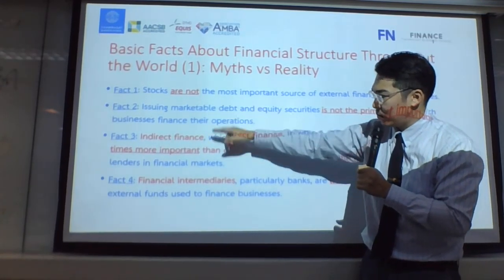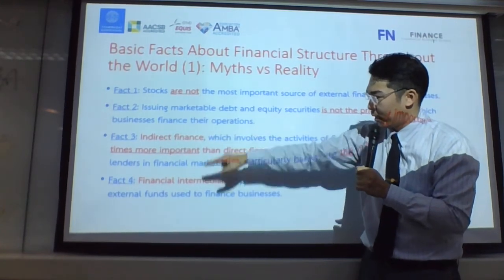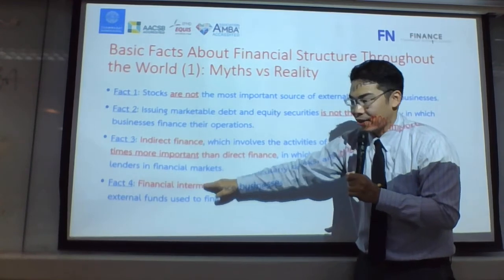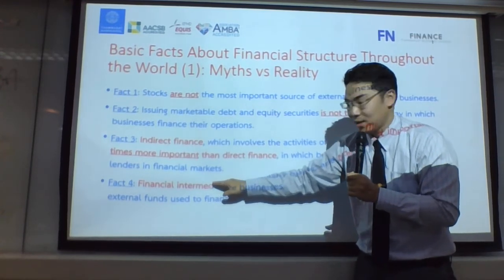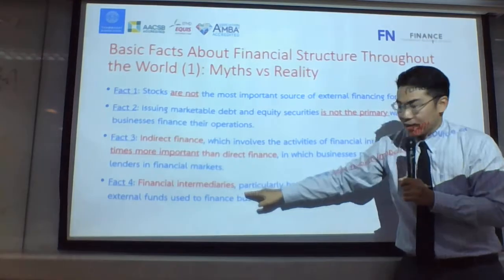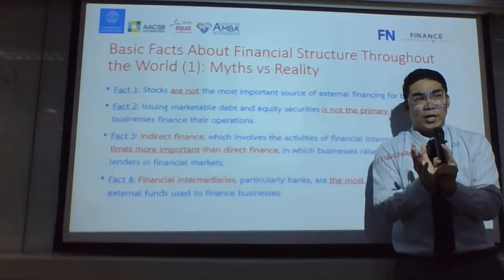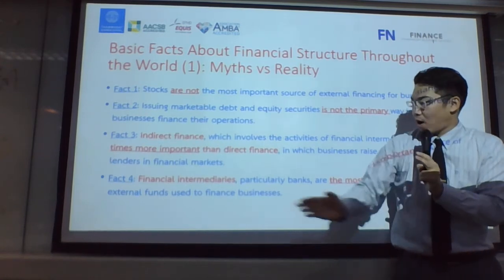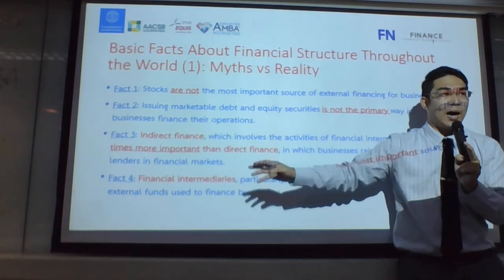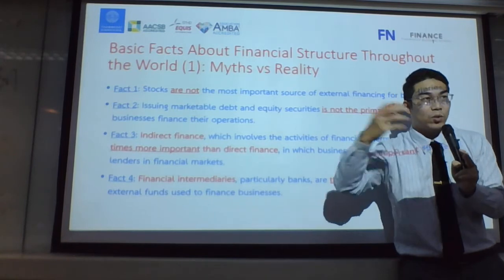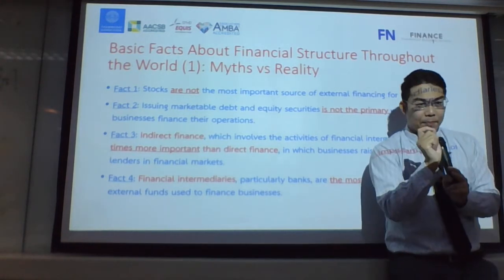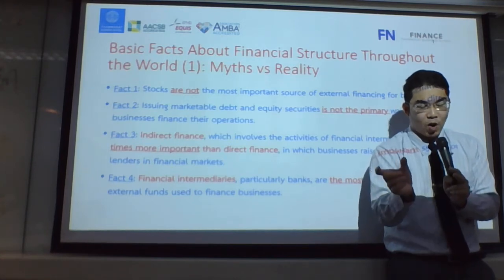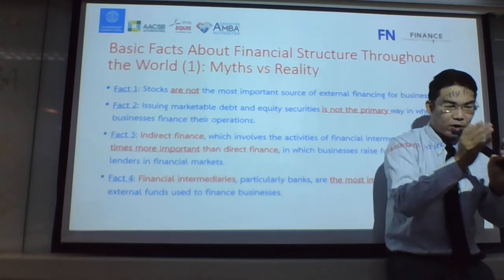Fact number 3 is the transition. Direct or indirect finance? Indirect finance. When we talk about financial intermediaries, we are talking about indirect finance, because financial intermediaries are the third parties in our transaction. The basic structure of a financial transaction is the borrower and lender.